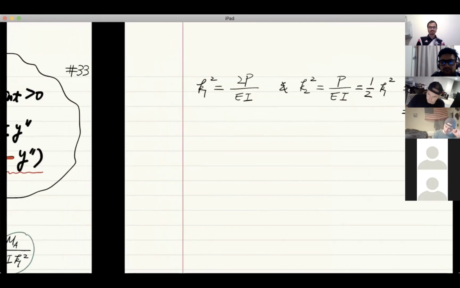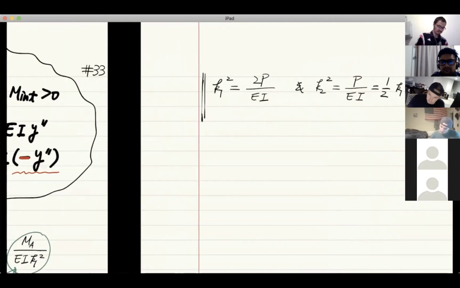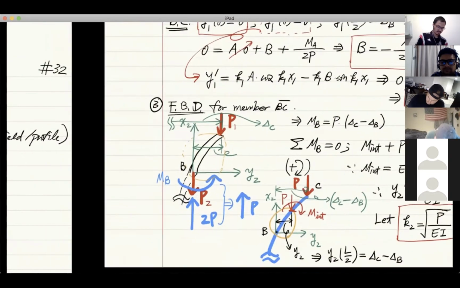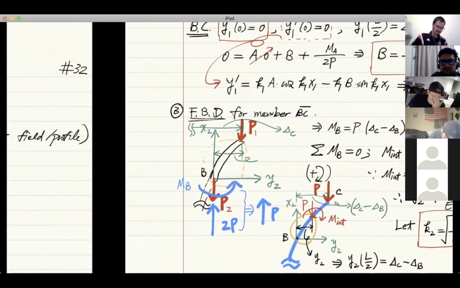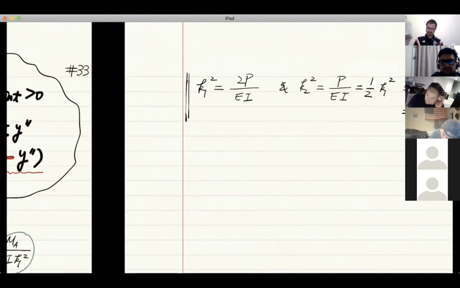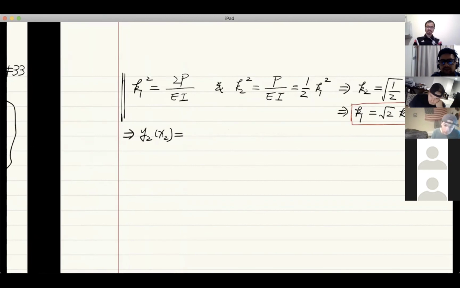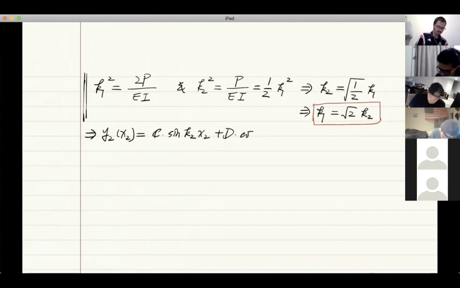So this is something we can discuss on the side. Just put it on the side. Now, we have found the expression of this. Now we just have to write this. So this is still step 3. And we can write it like this. Y2 of X2 will become, we already use A and B, so here we're going to use capital C times the sine. Be careful, K2 X2 plus D cosine K2 X2.